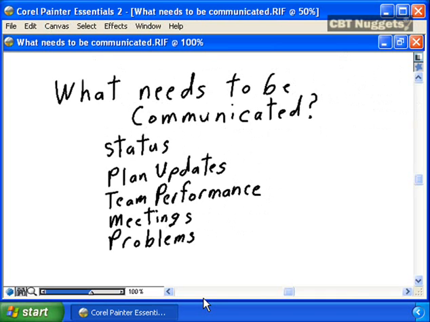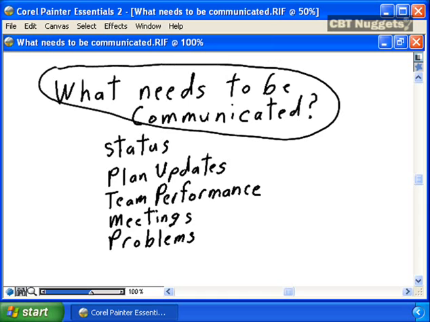Before we truly put project communications into action, I think it's important that we go back and have a quick review of what needs to be communicated. Our project communications plan should have identified each and every component that needs to be communicated, but to put it into a very defined state, some of the key components that we need to be communicating is project status.